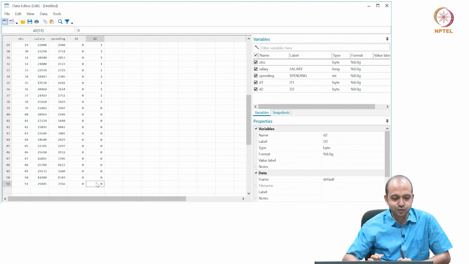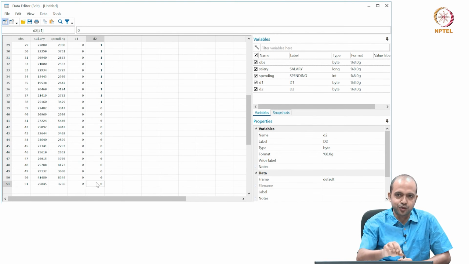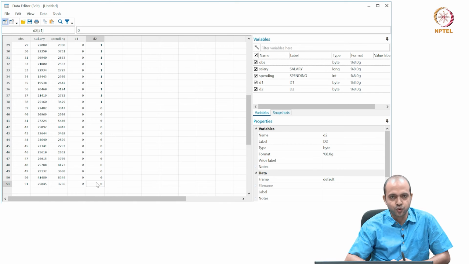If a particular value is coming from the southern region, you have to put D2 equals 1 and D1 equals 0. So, likewise you have to introduce dummies and give values 1 and 0 depending on which particular region that ith state belongs to. It is a very simple one, but you must introduce the dummy before estimation.